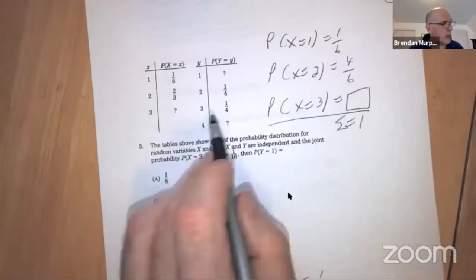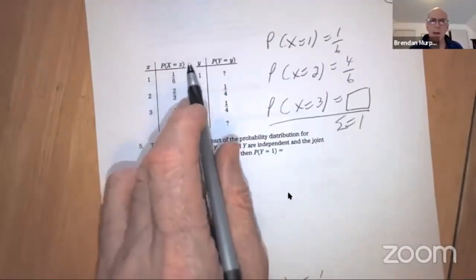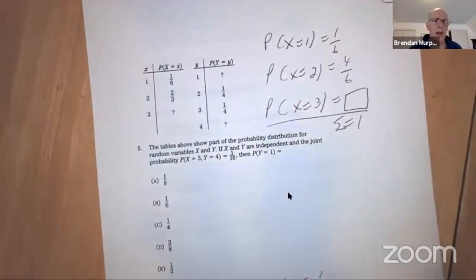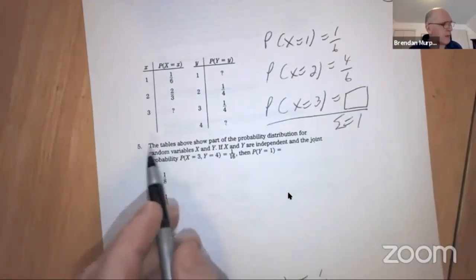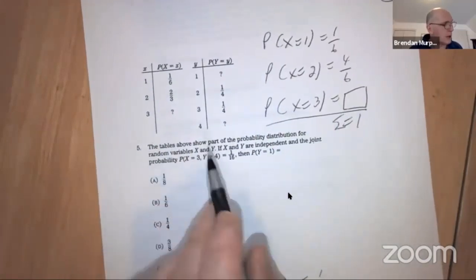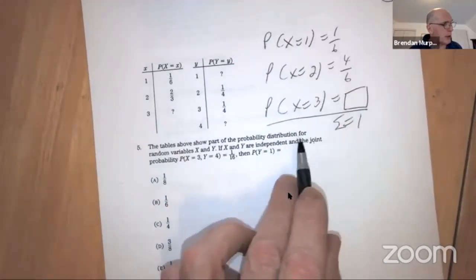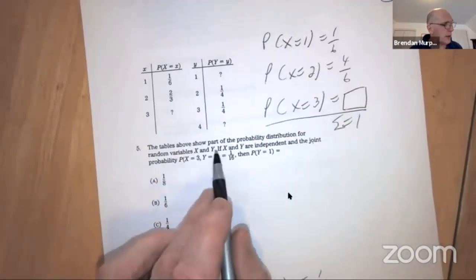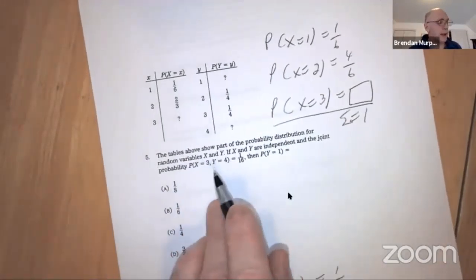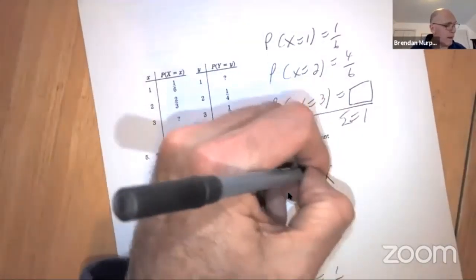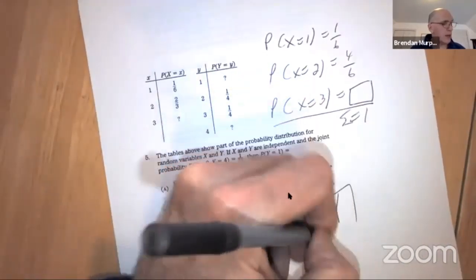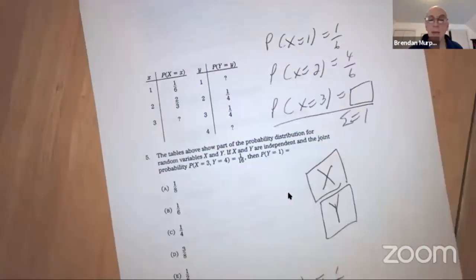So we have some tables up here: x, probability of x equals little x, probability of y equals little y. I'll demystify that. The tables above show part of the probability distribution for random variables x and y. So the big X and the big Y, those are my two different random variables. That's all they are.